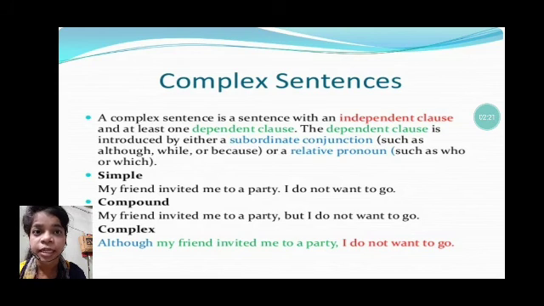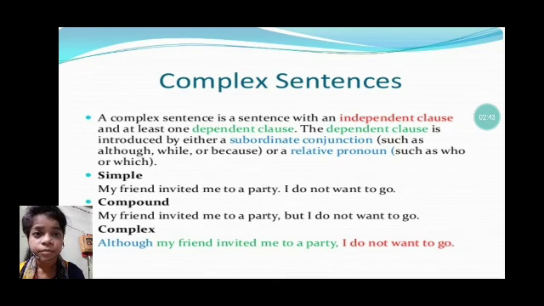Now what is the definition of a complex sentence? A complex sentence is a sentence in which there is one main clause and at least one subordinate clause, and these two clauses are joined using either a subordinating conjunction or a relative pronoun.